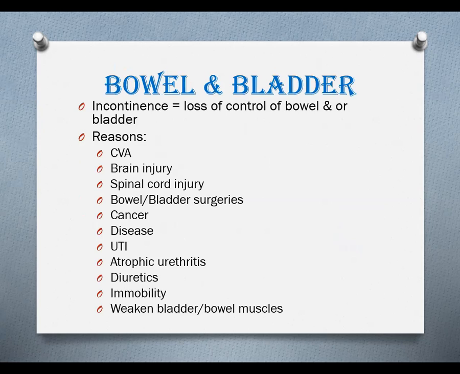Or otherwise, a resident is frequently going to the bathroom and they start being incontinent. Immobility can be another contributing factor, and then the weakened bladder and weakened bowel muscles can cause incontinency. So persons with loss of control sometimes have a urinary catheter placed and can be permanent.